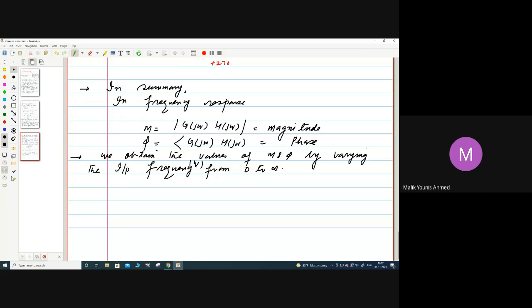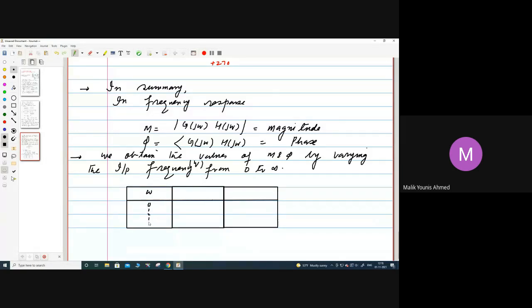So what should the graph be like? Sorry, we can have a table like this. Here we have omega, which will be varied from 0, 1, 2, and up to infinity.